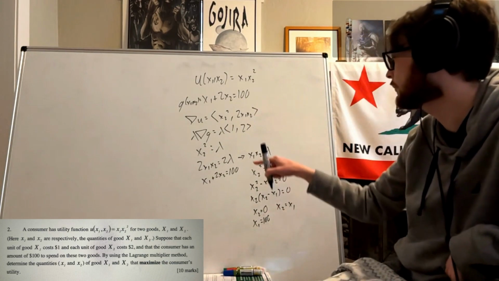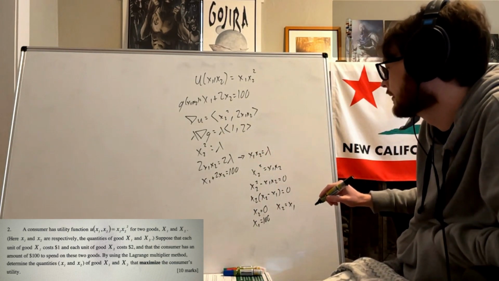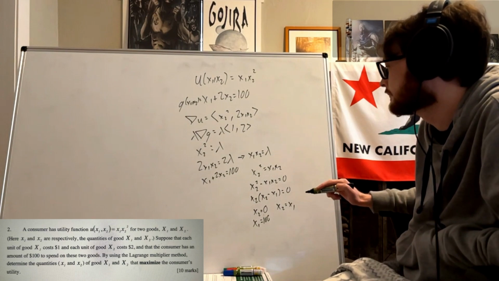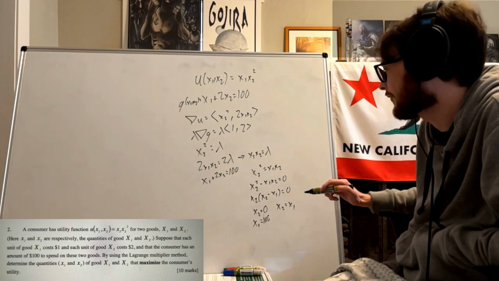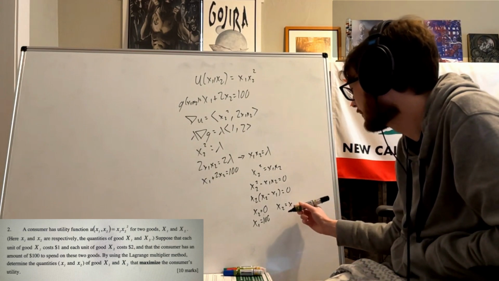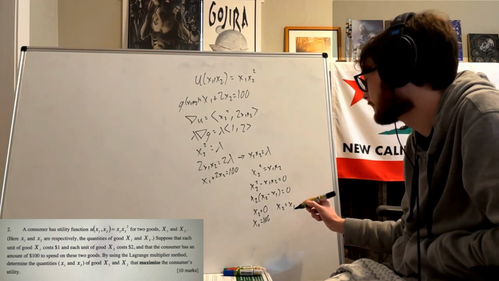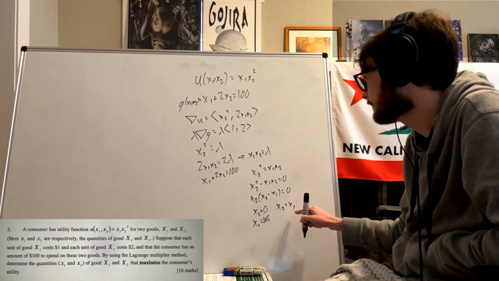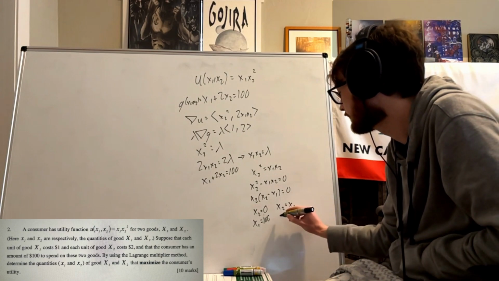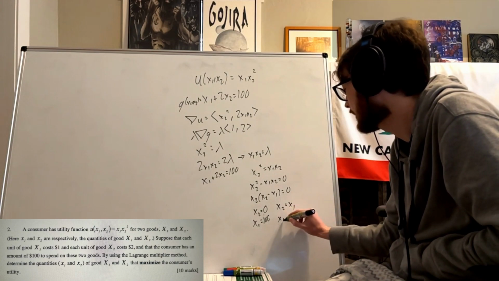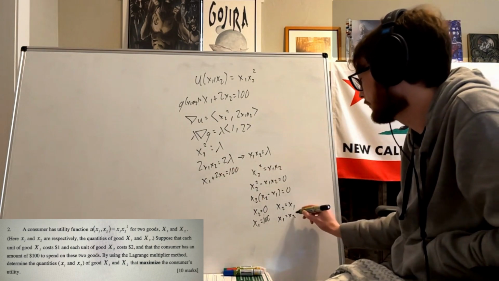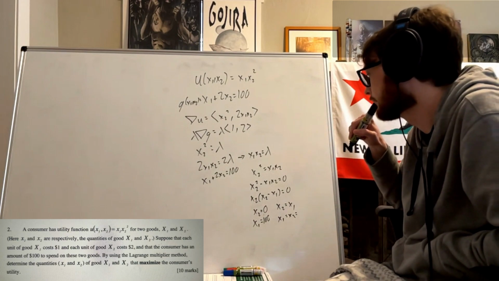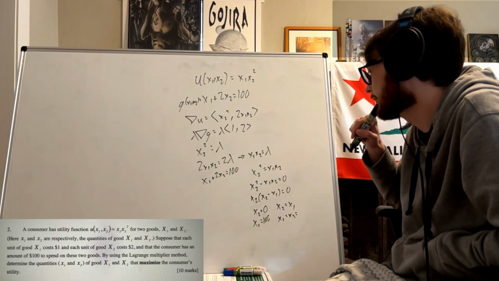Okay, and then if x2 equals x1, so like 33 and a third, x1 equals x2 equals 100 over 3.